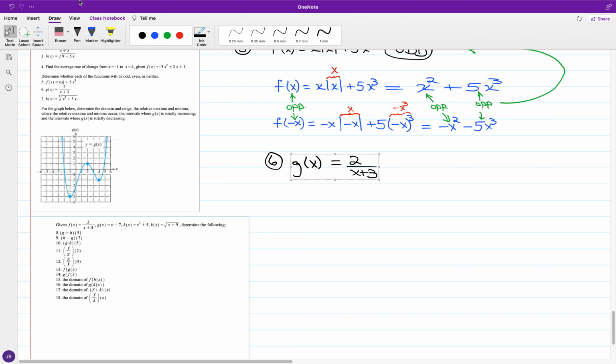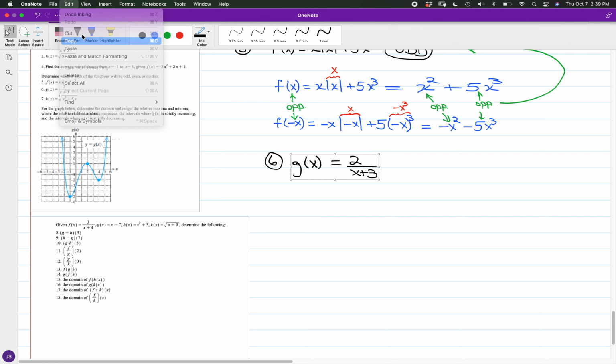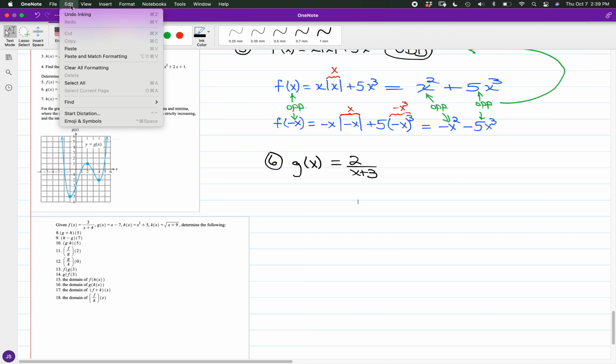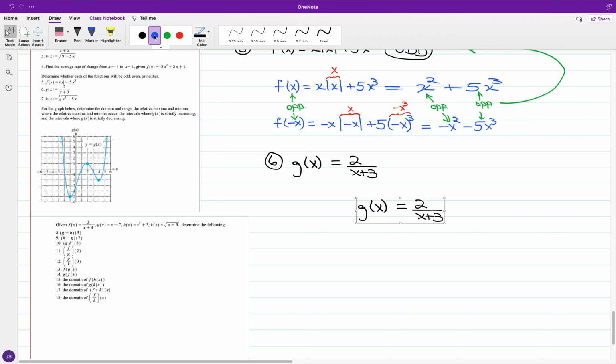So we have g of x equal to 2 over x plus 3. Now for g of negative x, the only thing to change is where we had x before to become negative x. And so we're going to have a little bit of inconsistency here.